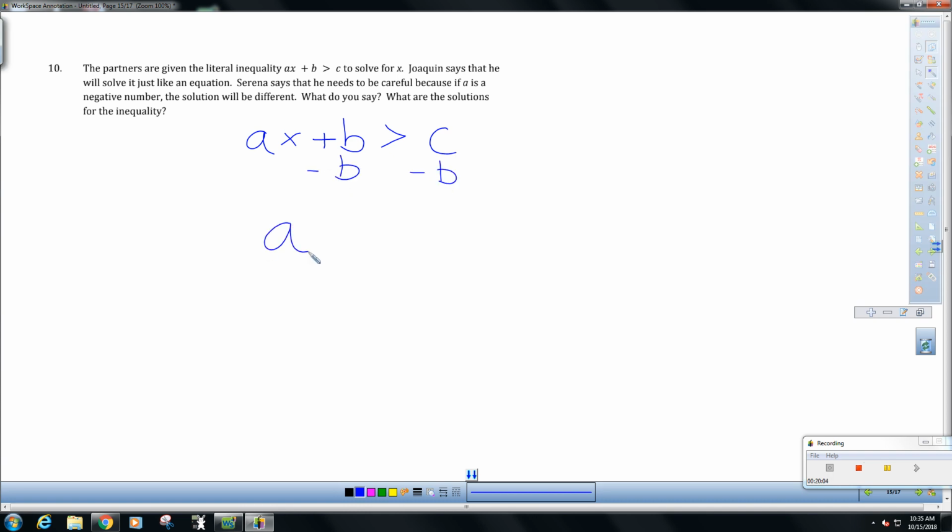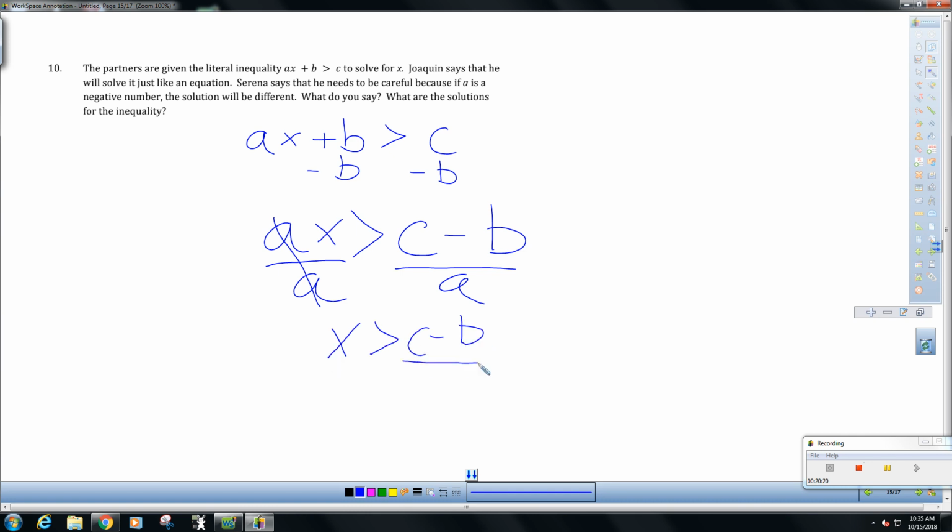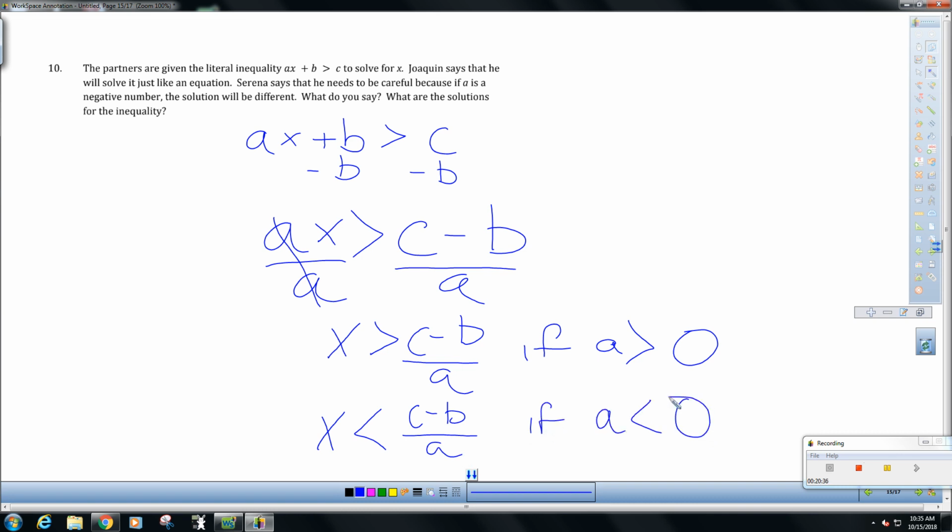So you can say that ax is greater than c minus b. But when you divide by a here, you get x is greater than c minus b over a if a is positive. But if a is negative, x will be less than c minus b over a.